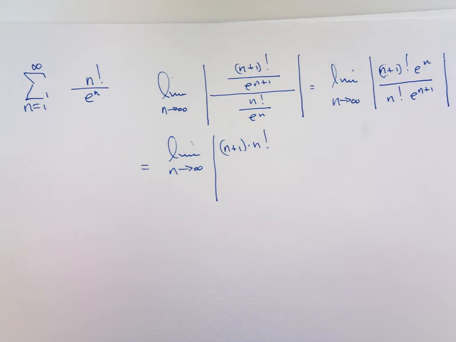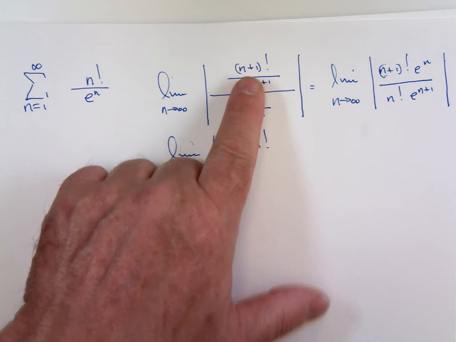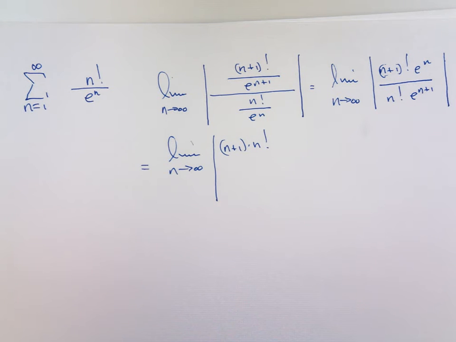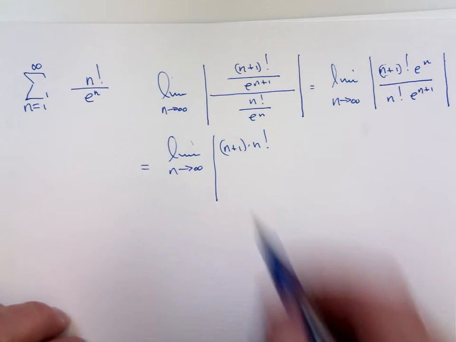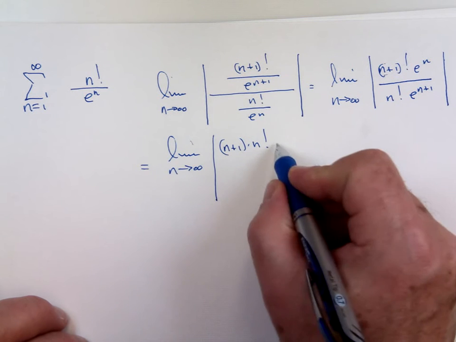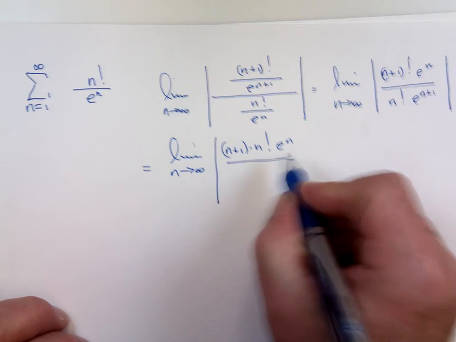That's what 7 factorial is. 7 factorial is 7 times 6 factorial. n plus 1 factorial is n plus 1 times n times n minus 1 times n minus 2, dot dot dot, times 3 times 2 times 1. n plus 1 factorial is n plus 1 times n factorial. Okay? e to the n over n factorial, e to the n plus 1.